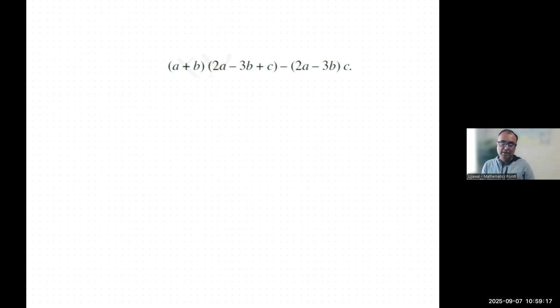What we are now doing here is I have a binomial being multiplied by a trinomial, and I've got a monomial multiplying with a binomial, and all of that coming together. Your schools won't expose you to all of that, but you are still expected to do that in the exam.